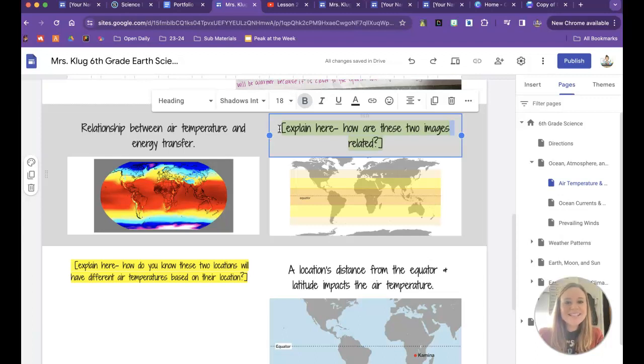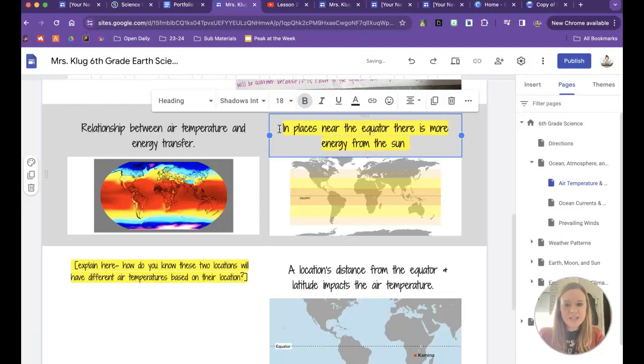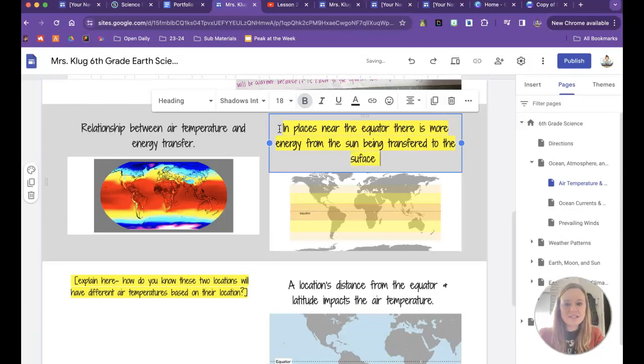So I might say something like, in places near the equator, there is more energy from the sun being transferred to the surface, and oops, I spelled transferred wrong.